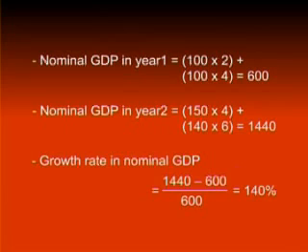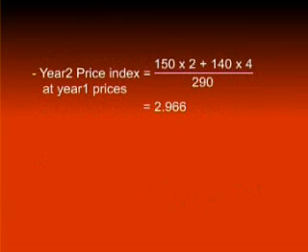Now, let's try to deflate the nominal GDP in year 2 to reflect the quantity change, or the change in the level of activity in the economy, and control for the change in the price of apples and chicken. The key thing to do here is that we first construct the price index for the base year. So you use the quantities of output in year 2 and use the prices of year 1.